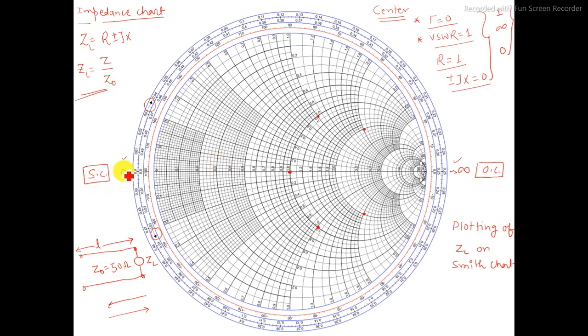Short circuit means impedance is 0, so here voltage will be minimum, and this side is infinity, meaning open circuit, so voltage will have a maximum value, and vice versa for current. I will be minimum here and I will be maximum here. So for a given load we can find out the V maxima and V minima.